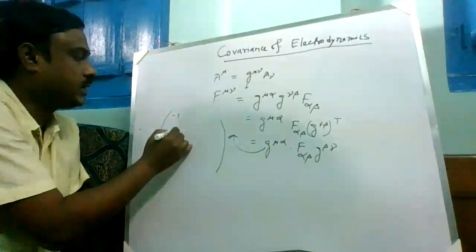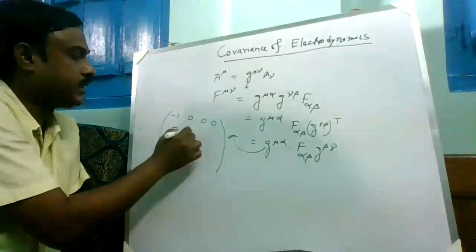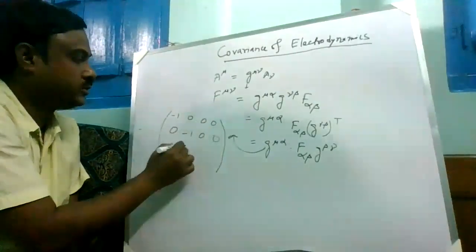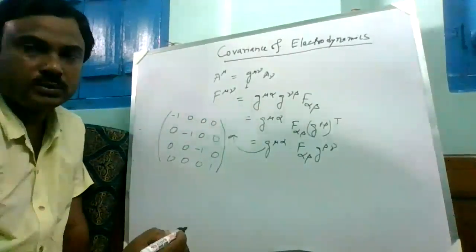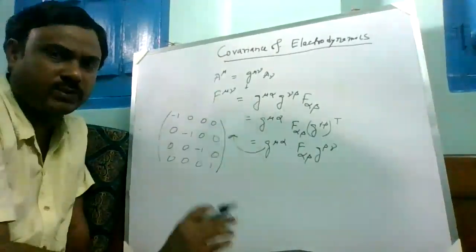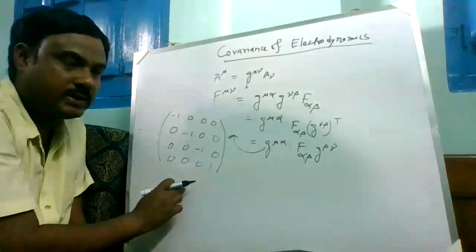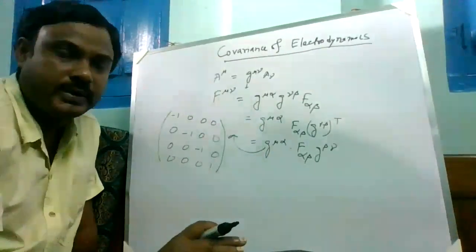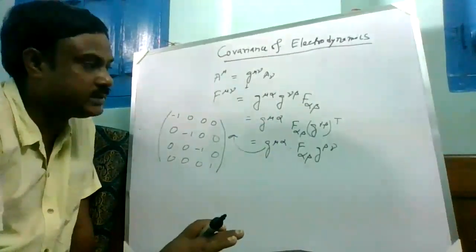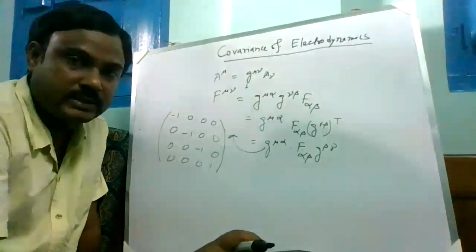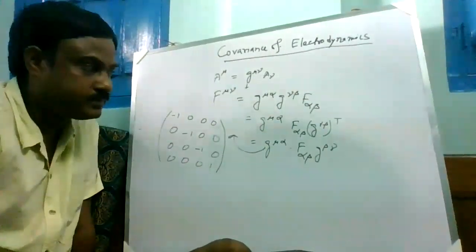It is minus 1 0 0 0, 0 minus 1 0 0, 0 0 minus 1 0, 0 0 0 1. So this is the metric tensor. Whatever form you write, it is always the same. In the Cartesian coordinate system, all the metric tensors, whether contravariant or covariant, are the same.